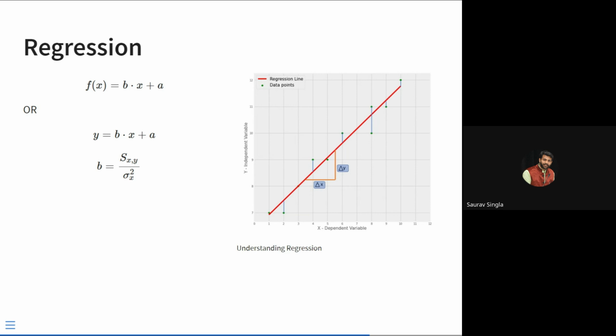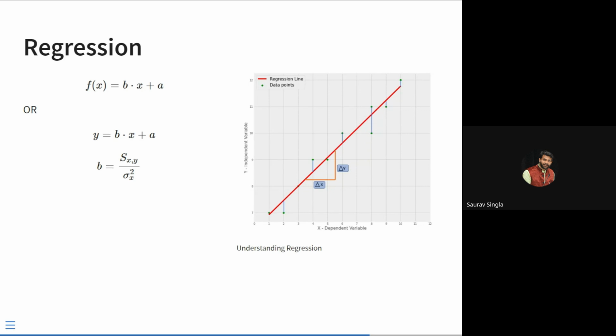In case of a linear relationship between x and y, the slope will remain constant throughout. However, in case of a non-linear relationship, the slope will not remain constant, it will change from one x to another x. The change in y divided by change in x will not remain the same throughout.